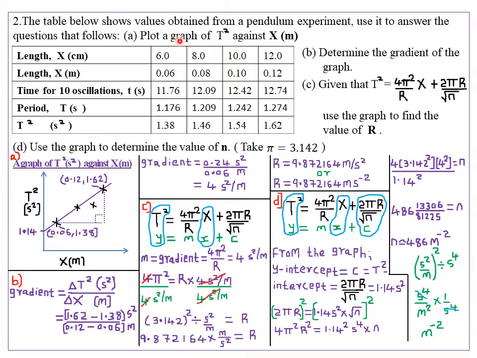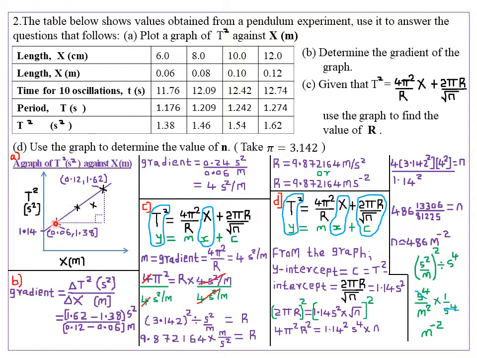First of all, we are asked to plot the graph of t squared against x. So the point to ensure is that you plot all the points. For example, here I have how many points? I have 1, 2, 3, 4. I'm plotting a graph of t squared against x, so I have 1, 2, 3, 4 points, and you can see I also have 1, 2, 3, 4 points on the graph.